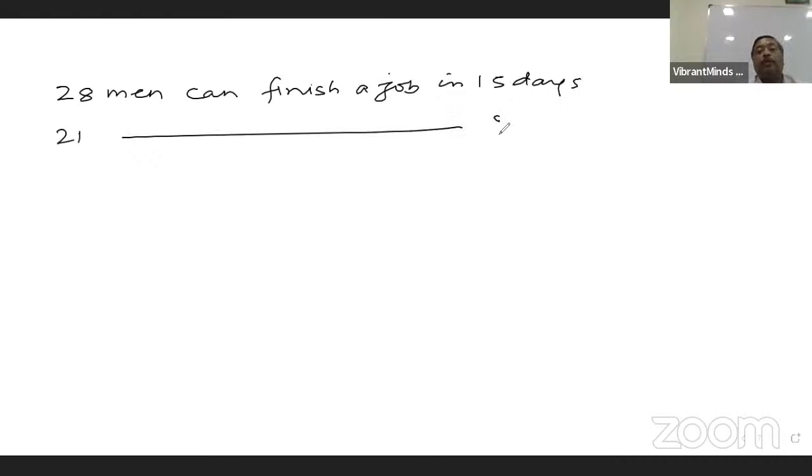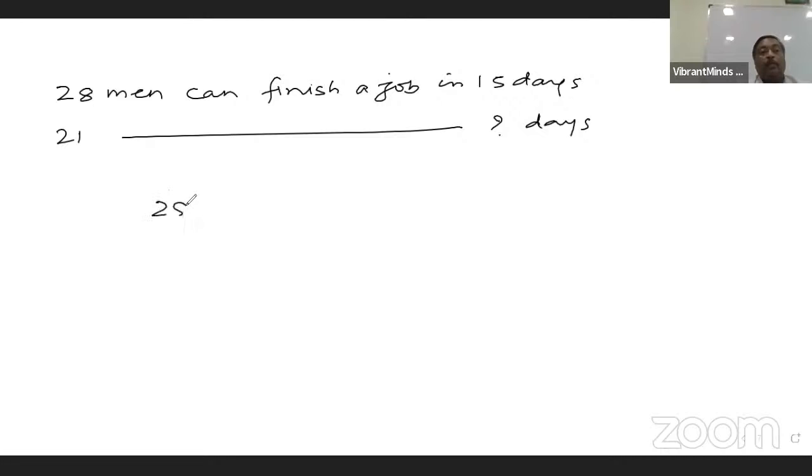Let's say 28 men can finish a job in 15 days. So 21 men can finish the job in how many days?